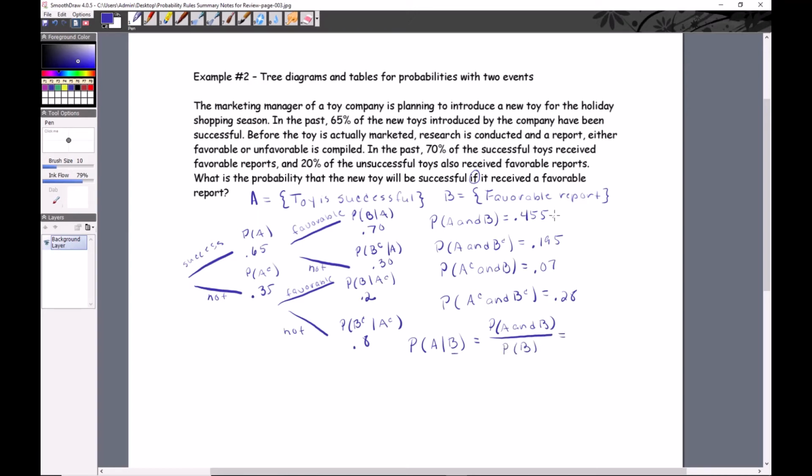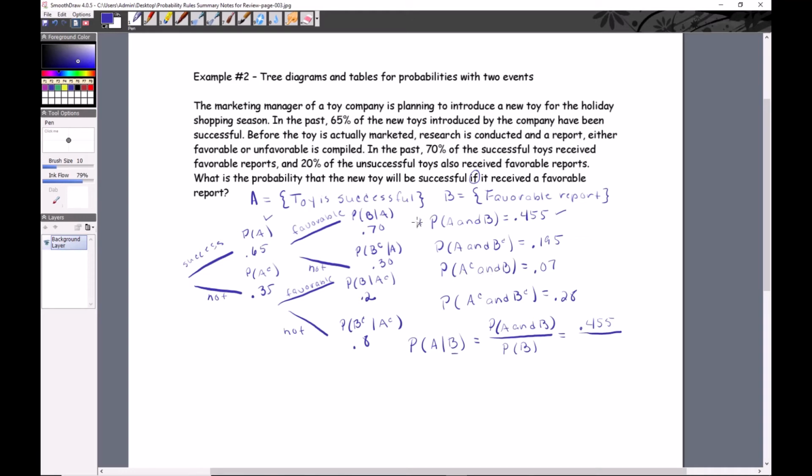All right, A and B is this number here, so that'll be 0.455. Now the probability of B was not given to us. Right? We knew the probability of A, but not the probability of B. So the probability of B can happen two different ways. It can occur jointly with A, and it can occur jointly with A complement.